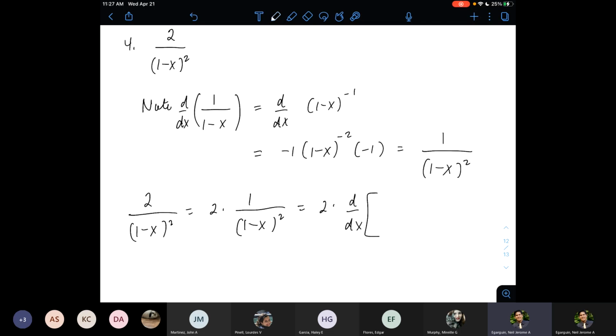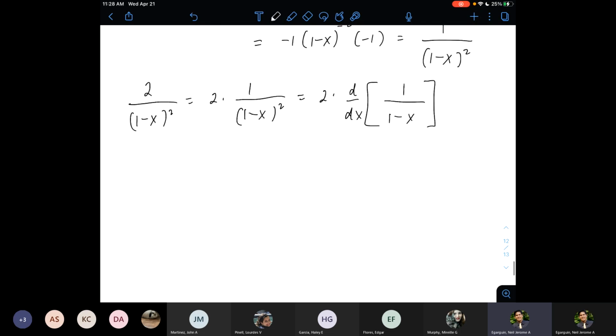I needed this relation in order to manipulate the series expansion. In particular, I can take its derivative to get the series expansion for the original function. So I have a 2, and I'll take advantage of the fact that I know the series expansion for this.